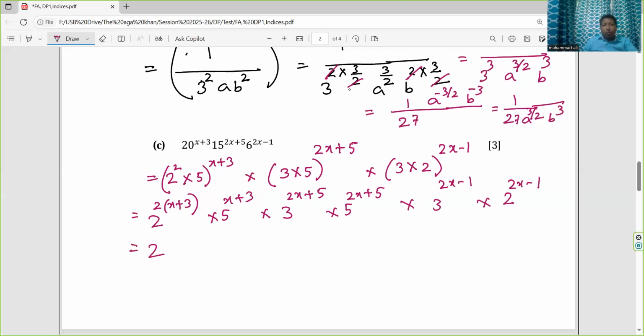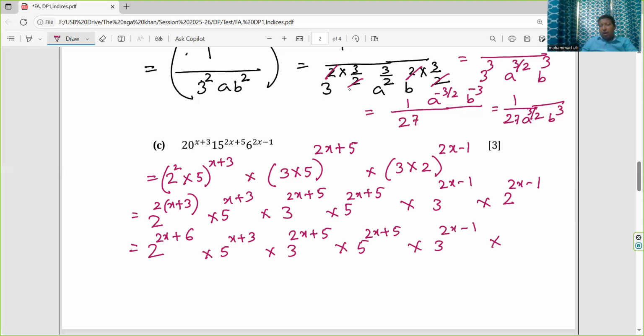Here we will get 2 to the power 2x plus 6, multiply 5 to the power x plus 3, multiply 3 to the power 2x plus 5, multiply 5 to the power 2x plus 5, multiply 3 to the power 2x minus 1, multiply 2 to the power 2x minus 1.